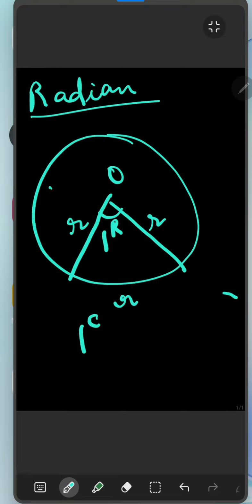We represent this 1 radian as 1 small c. So it is denoted with this sign.